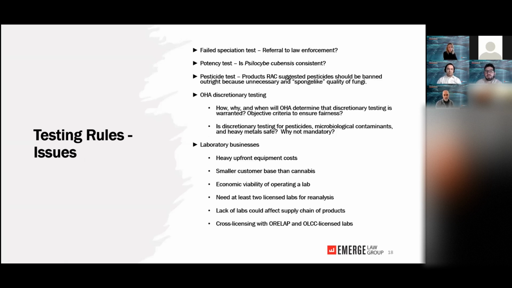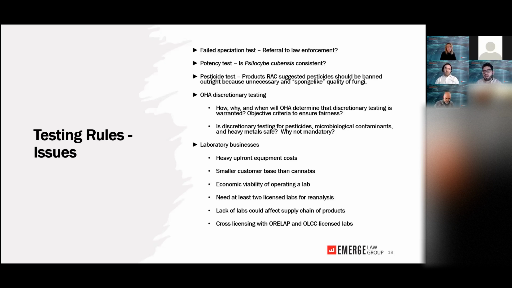So some interesting issues cropped up, in my opinion. One is the rules do not define what the penalty is, or if there is a penalty, or what the result of a failed speciation test is. So if a whole fungi testing batch tests as some species other than Psilocybin cubensis, what is the outcome there?